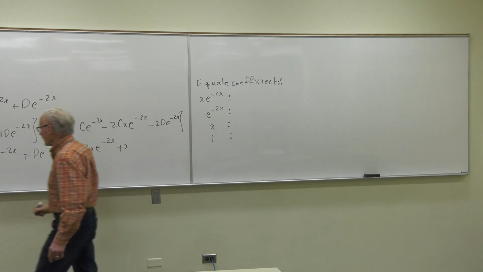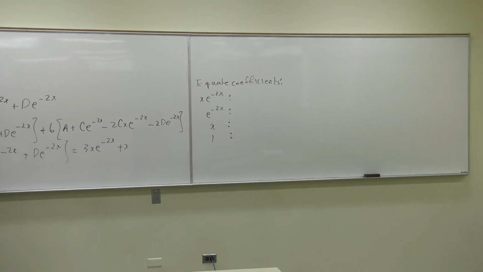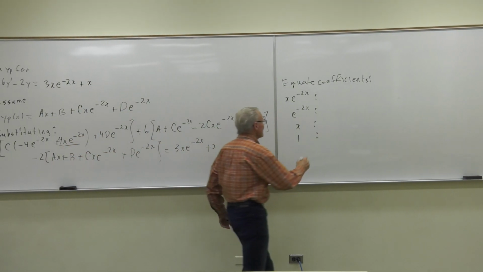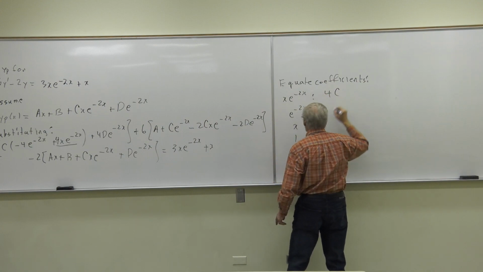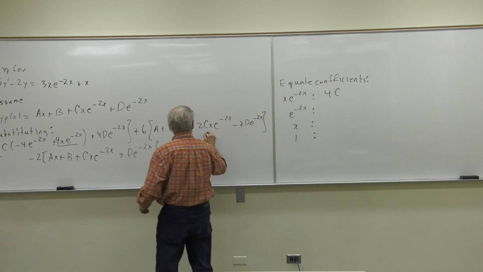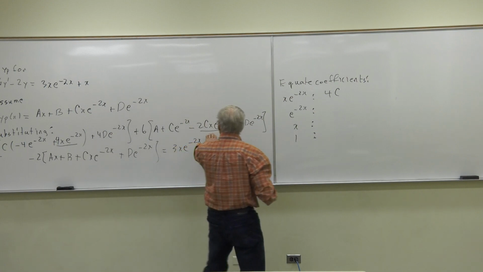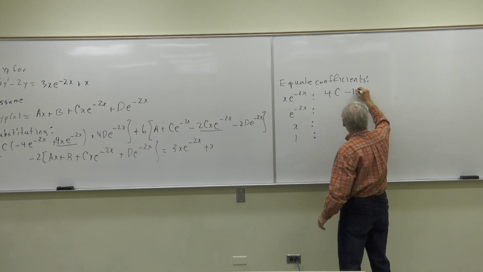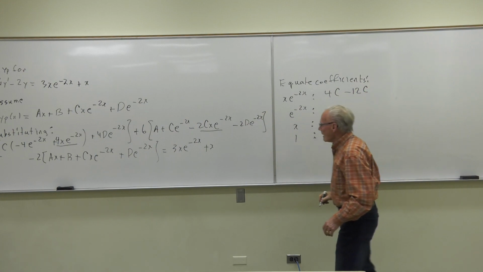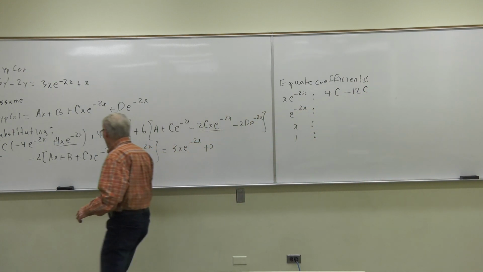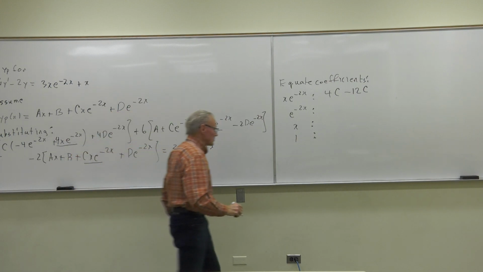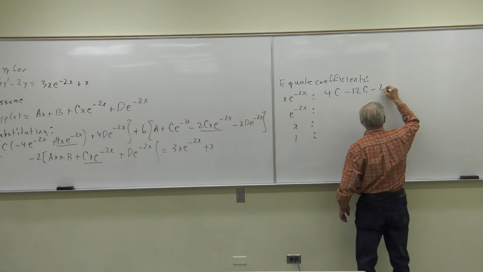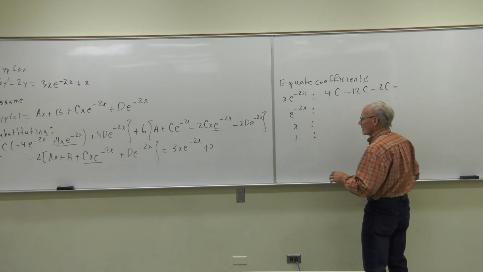So for the x e^(-2x) ones, that 4c, that one minus 12c, and we have another one here, minus 2c, is equal to 3.